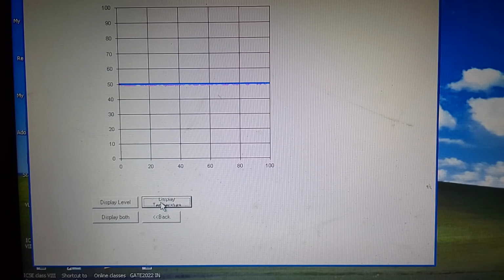Display temperature: the temperature has already risen above 70 and is coming close to 70. There is slight fluctuation, so it is going to be 70 soon.